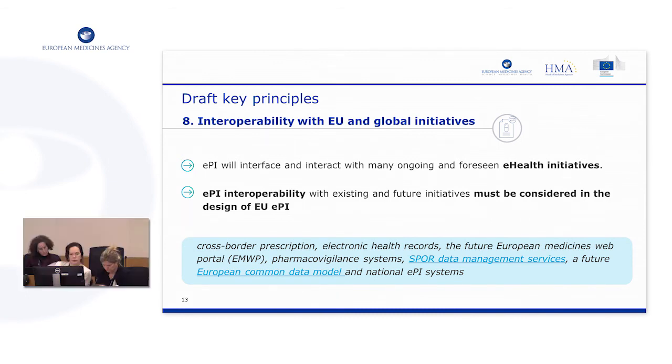Here we are talking about cross-border prescription, electronic health records, the future European Medicines Web Portal, pharmacovigilance systems, export data management services, a future European Common Data Model, and national electronic product information systems, which already exist today.